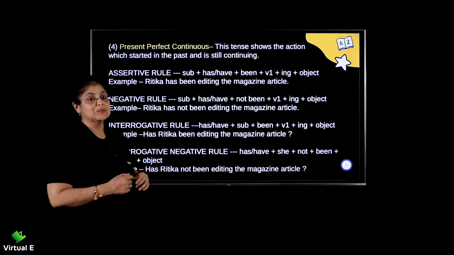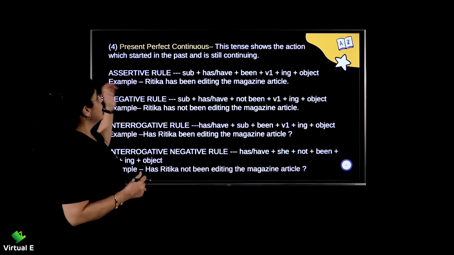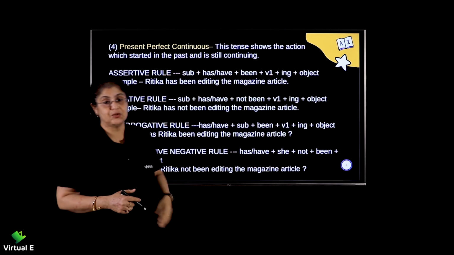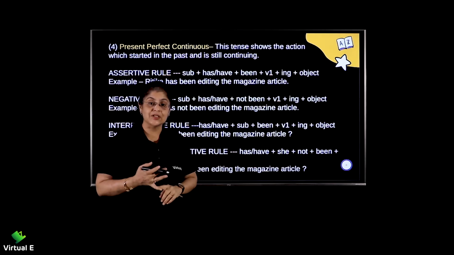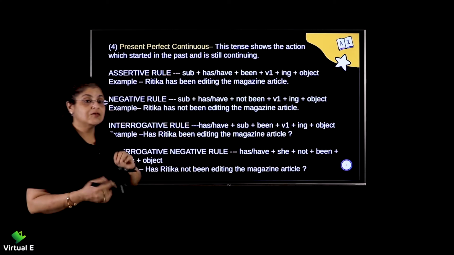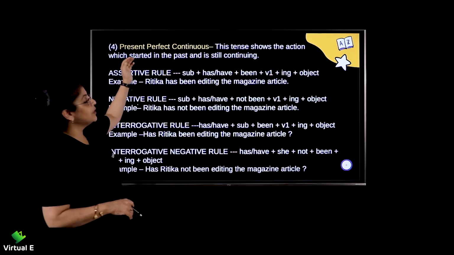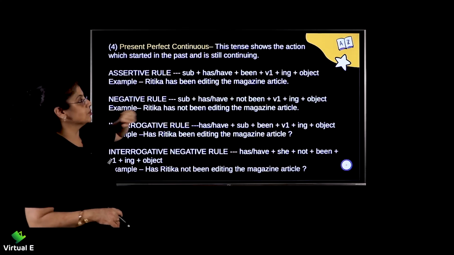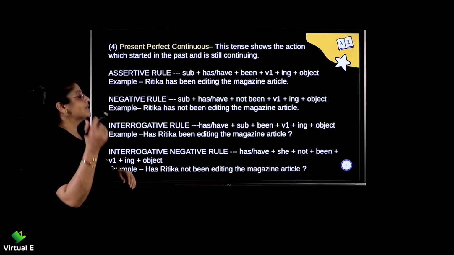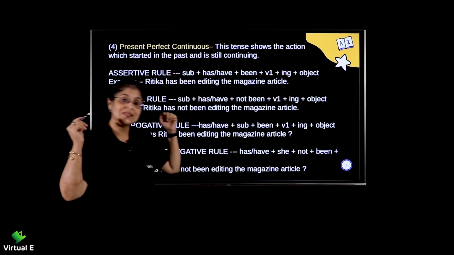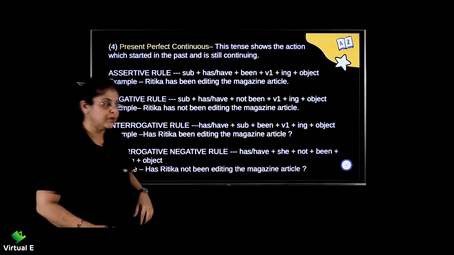The fourth subtense. Now, present perfect continuous. See, we went through simple present, we went through present continuous, we went through present perfect. Now, the last form of the present tense, present perfect continuous. Now, this tense shows the action which started in the past and is still continuing.